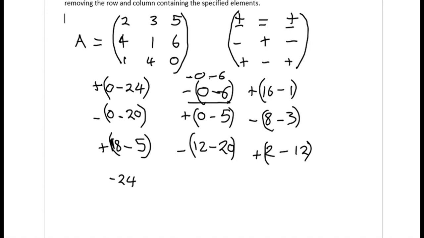Minus minus is plus, so I have just 6, and then 16 minus 1 is 15. Minus 0 minus 20 is same as minus minus 20, and that's positive 20. 0 minus 5 is minus 5. 8 minus 3, that's 5, and then here should be minus 5.